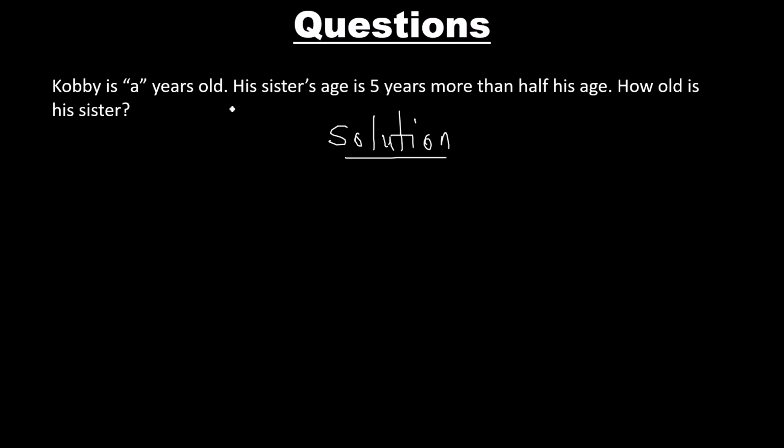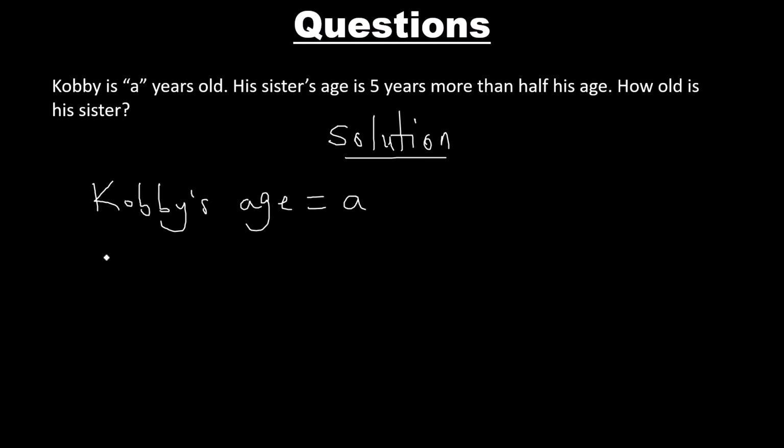Kobe is 8 years old. So Kobe's age. His sister's age is 5 years more than half his age. So half Kobe's age will be 8 divided by 2, because that's what half Kobe's age means. But his sister's age is 5 years more than half his age.